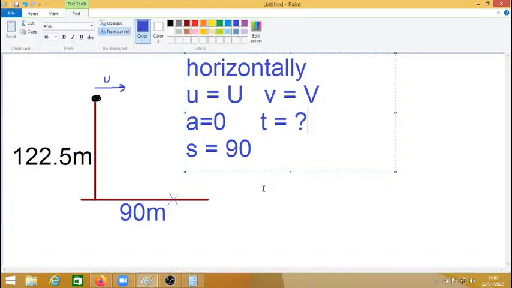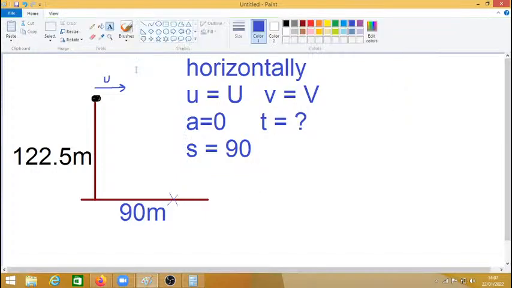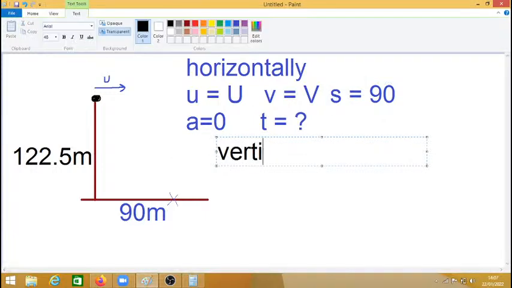especially with time unknown. Okay, let's take a look vertically, see if we might be able to plug in at least one more number to be able to work out something. So vertically, because it's starting here and it's not being thrown down or pushed down, then we'd say the initial velocity is 0, which is a good start, because at least that's a number we know.